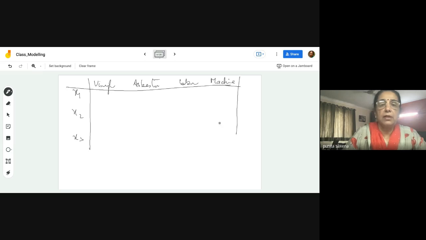Okay, it's given like this. I'm writing as given in the problem: 30, 20, 50, then 3, 0, 5, then 0.02, 0.1, 0.2, and machine time is 0.01, 0.05, 0.05.